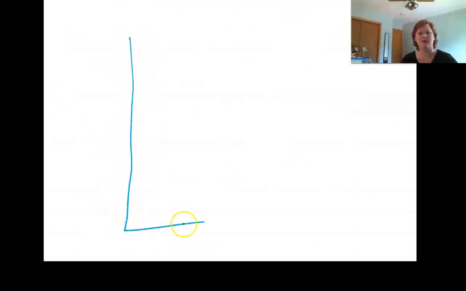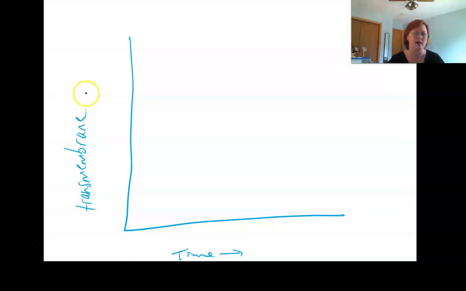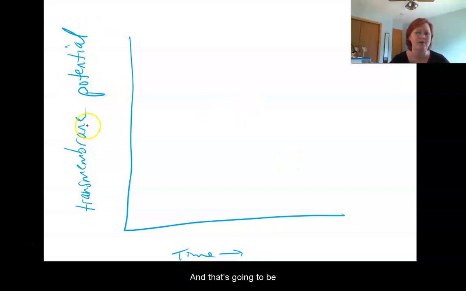All right. So if I look at this graph, this is over time, and this is going to be my transmembrane potential, which is a fancy way of saying the electrical difference across the membrane, and that's going to be measured in millivolts.